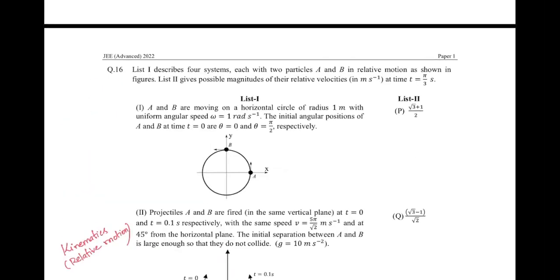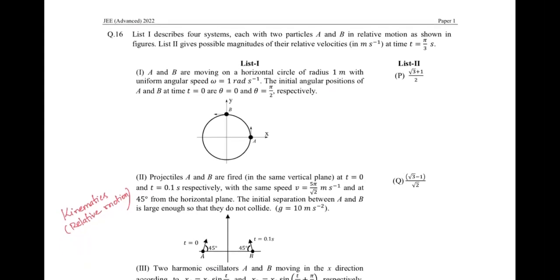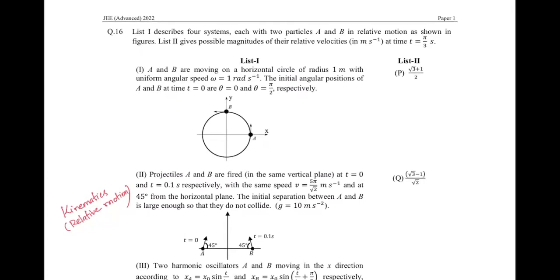Now, which one am I going to pick for doing this? I'll go based on whichever is easy for me from this list and I'll solve that first. So if you look at the first one, you need to find out relative velocity in the 2 cases, as in you have to find the relative velocity between the 2 particles. So if I take the first statement, here these objects are executing uniform circular motion.